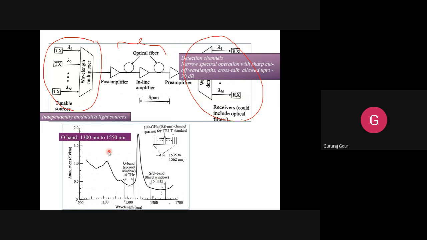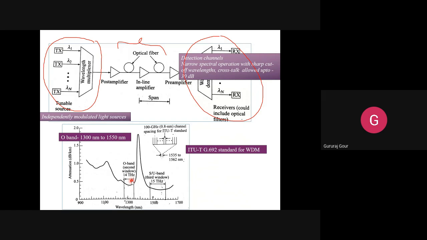One is the O band, over which WDM finds applications, as shown here. Attenuation in dB per kilometer is on one axis, versus wavelength in nanometers. The first dominant band over which it is going to operate is the O band, from 1300 to 1550 nanometer range, with a very wide window of 14 terahertz.